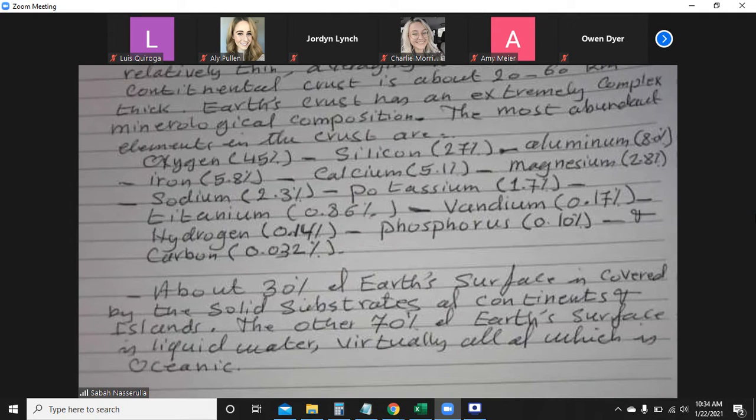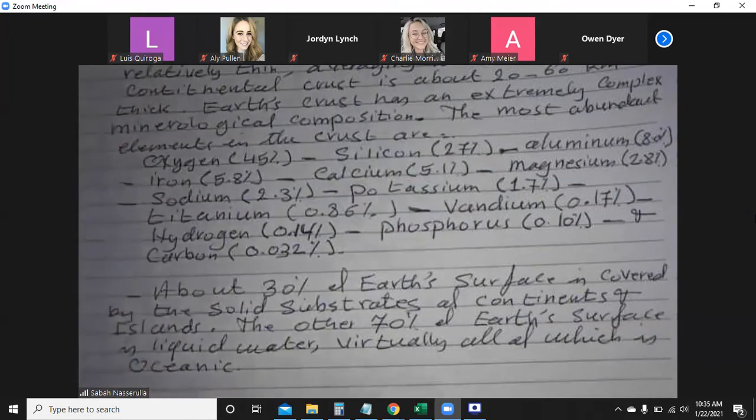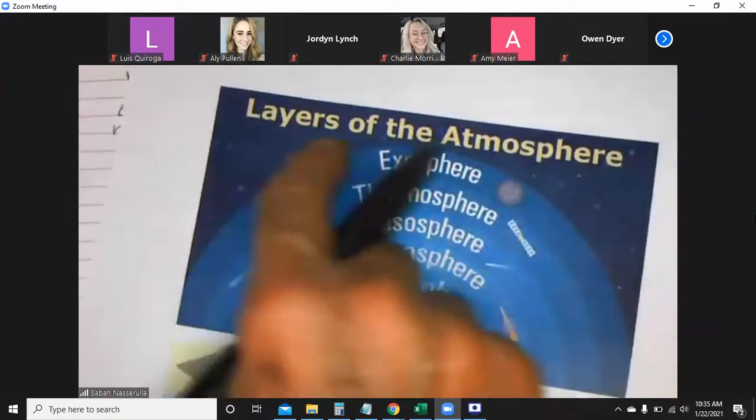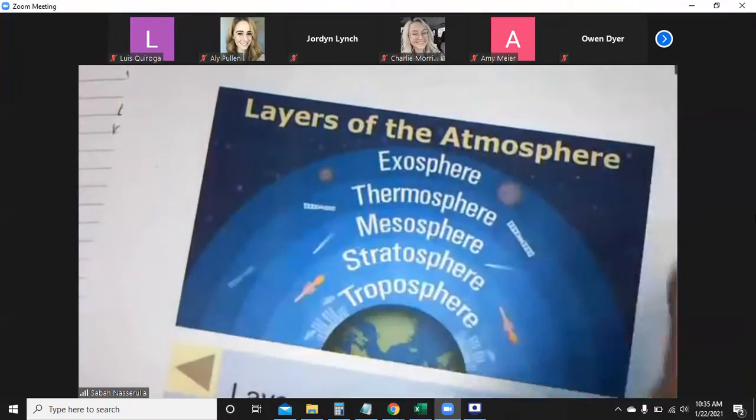Of course, don't forget that the Earth's surface is immersed in a dense sphere, which we call the atmosphere. This is the Earth, and all that we talk about is surrounded by what we call the atmosphere.